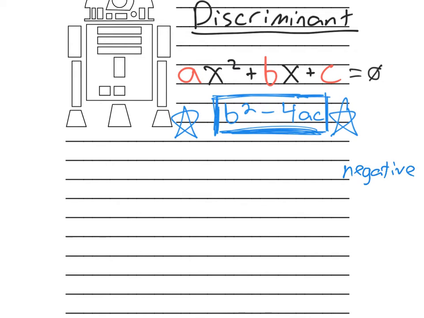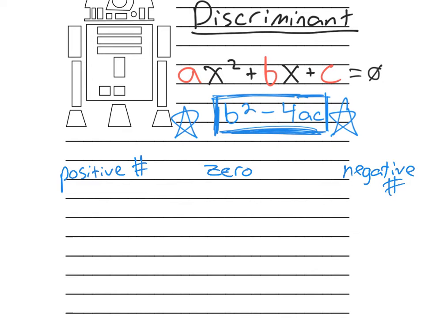We could get a negative inside that square root sometimes. What else could we get? We get a positive, or a 0. So you either get a positive number inside, or 0, or a negative number.